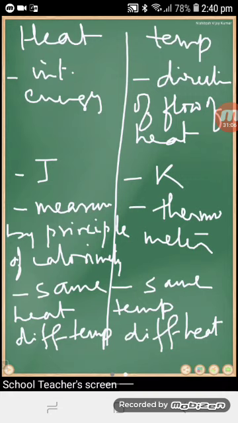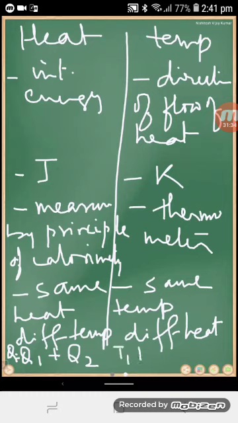Now, when the two bodies are placed in contact, the resultant is equivalent to the sum of the individual heat of the individual bodies. Okay. So if Q1 and Q2 are there, then when they are being kept in contact, the resultant Q will be equal to the sum of this heat.